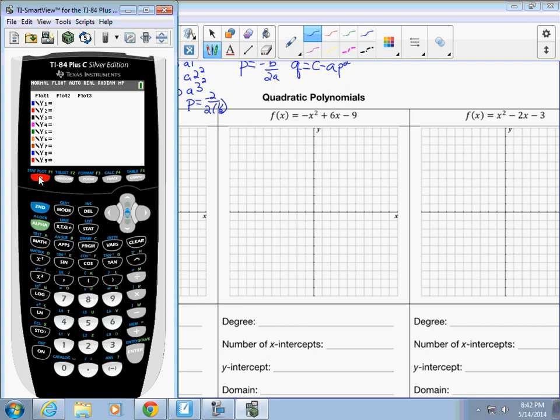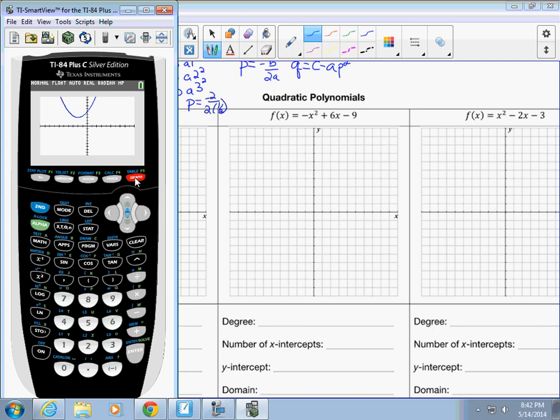And just put in your 0.5 x squared plus 2x plus 5. Hit your graph. You have to adjust your window a little bit. Oh, hey, this is the new version, the silver edition. It gives it to you in color. So based on that, then you can do some calculations.